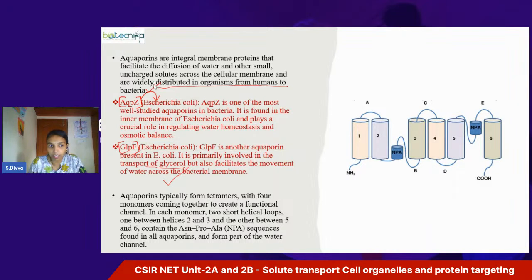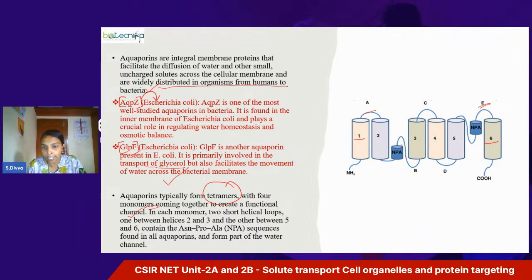Now, if you look into the structure of aquaporins, they are tetrameric, with four monomers coming together creating a channel. So this is one monomer, and like that, three more monomers are there. Each monomer has six transmembrane helices, so 1 to 6, and you have loops A to E.